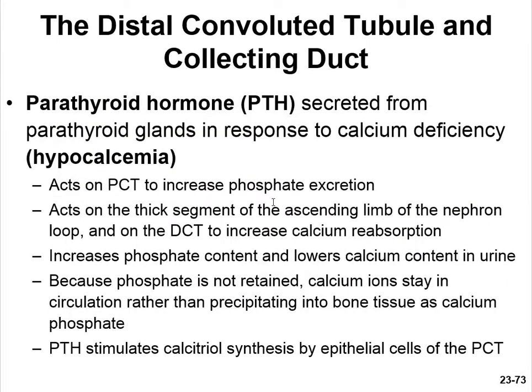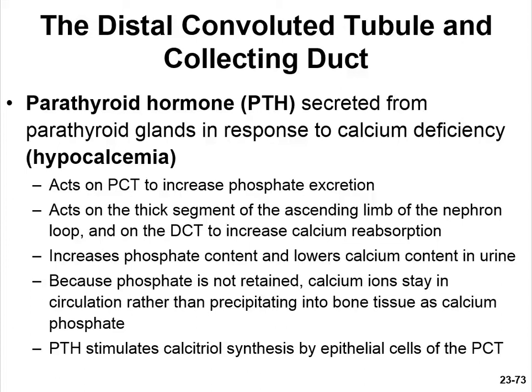Parathyroid hormone, or PTH, is secreted from the parathyroid glands in response to calcium deficiency or hypocalcemia. It acts on the PCT to increase phosphate excretion, on the thick segment of the ascending limb of the nephron loop, and then on the DCT to increase calcium reabsorption.